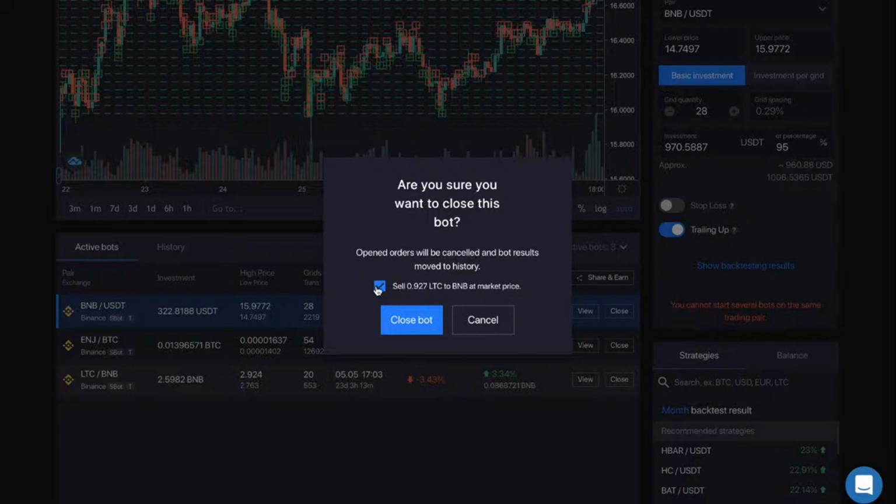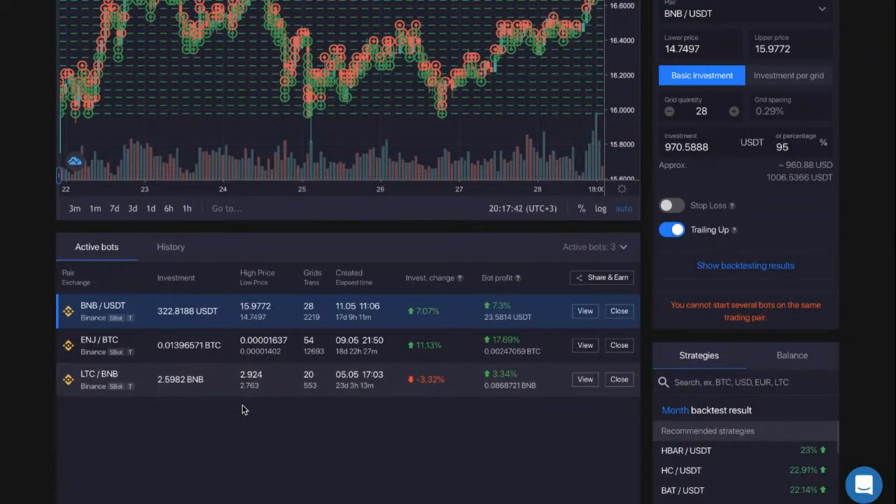So when I click on this box, as soon as I click on close the bot, it will sell everything automatically to the quote currency, in this case BNB. That's my 100% exit from the market. I'm not going to do this because I want to hold on to this trade, but just for the sake of the example, yes, we have this option to entirely close the position into the quote currency.